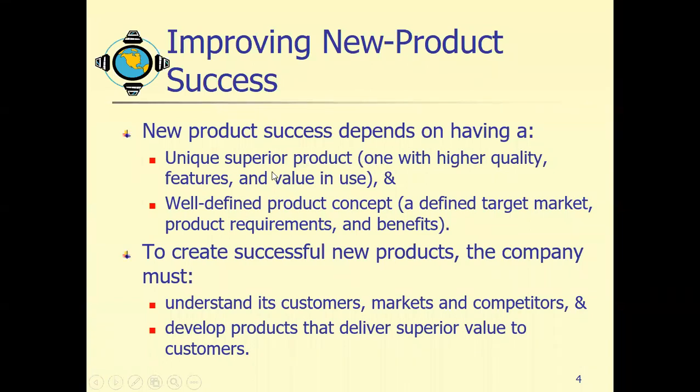If your product is unique and superior, with higher quality, with unique features and distinguished values in use, superior value in use, then there is every possibility that your product will survive. You see Coca-Cola. Coca-Cola is in the market. It's around 200 years. Coca-Cola is in the market.